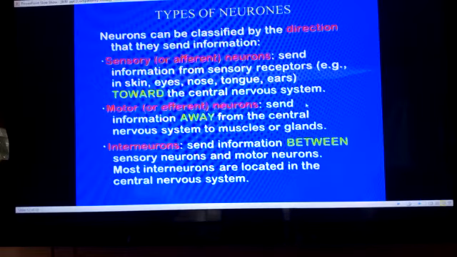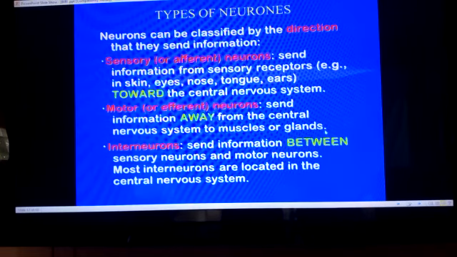Therefore, their main function is to send impulses towards the central nervous system. The other ones are the motor neurons, sometimes referred to as efferent neurons. Their main function is to conduct impulses away, underline the word away, from the central nervous system all the way to the muscles or glands. Remember these two, we refer to them as effectors.